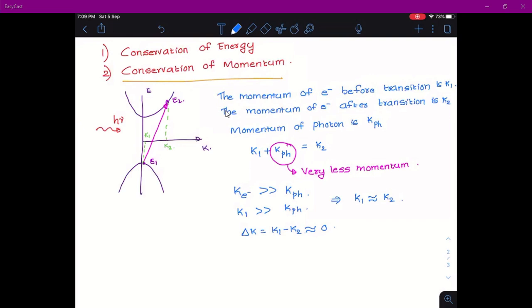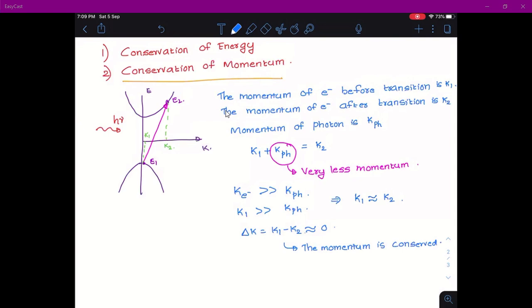So if you have a photon incident on a semiconductor and the electron at energy level E1 jumps to energy level E2, then there is a very small change in momentum, or you can approximately say that the momentum is conserved.